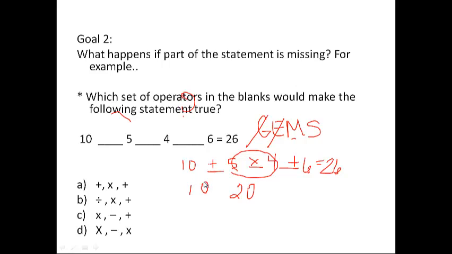And then I've got to copy the rest of the sentence surrounding it. No more multiplication or division. Cross that off. Subtraction and addition? I've got addition left. So, left to right, 10 plus 20 is 30, and 30 plus 6 equals 36. Not correct.